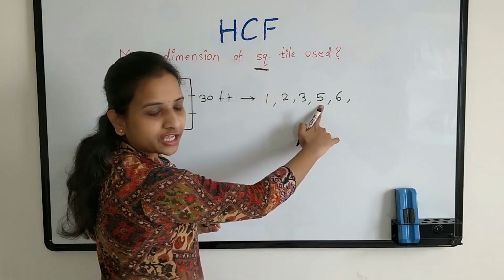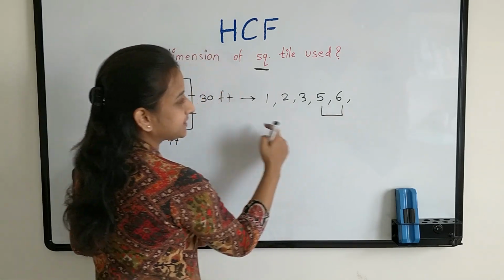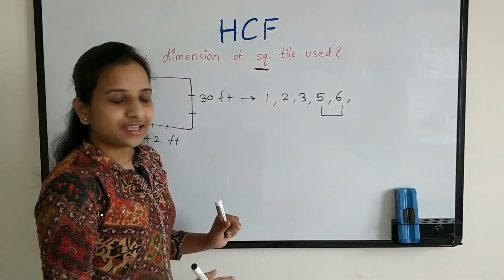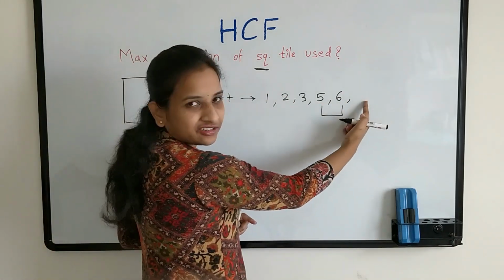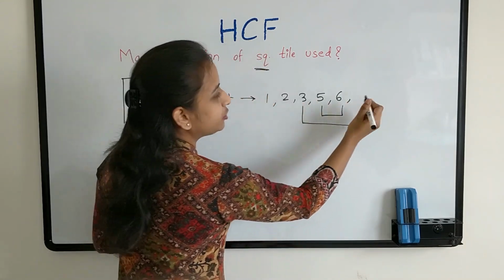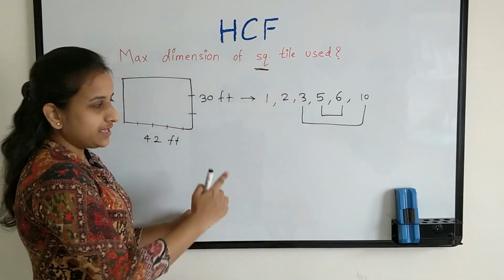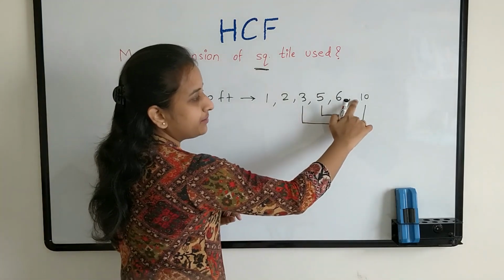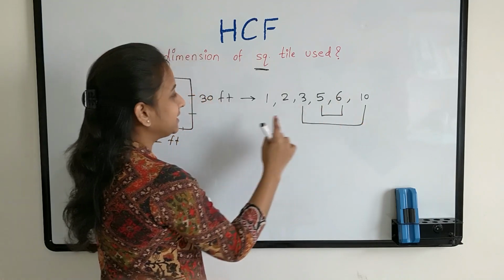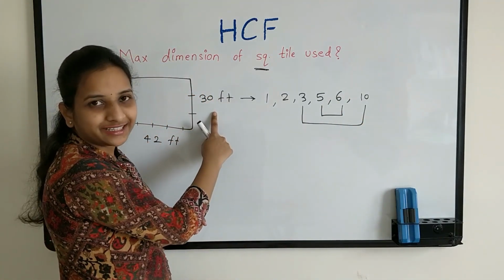If you observe here, 5 into 6 is 30. So this is one pair. To find the next factor, I can directly find it like this: 3 into 10 is 30. The in-between numbers, between 6 and 10, like 7, 8, 9, are not factors of 30.